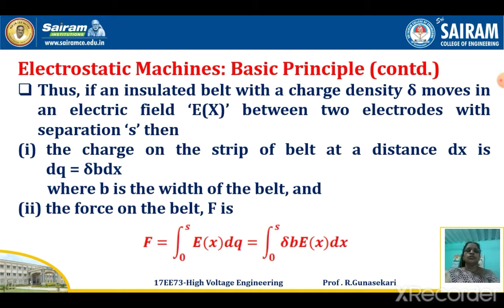Then the force on the belt, F, is calculated using F equal to integral 0 to S E of x dq, that is equal to integral 0 to S delta b E of x dx.